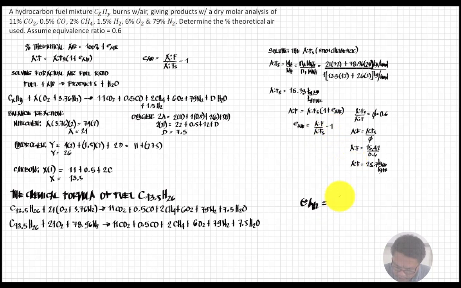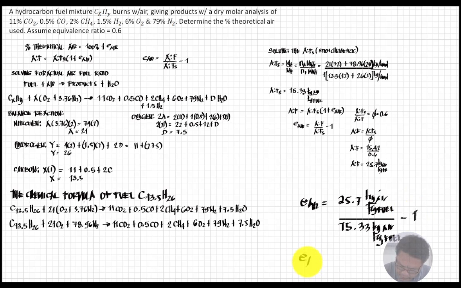So we have your actual, that will be 25.7 kilogram of air per kilogram of your fuel, divided by your stoichiometric, that will be 15.33 kilogram of air per kilogram of your fuel, minus 1.